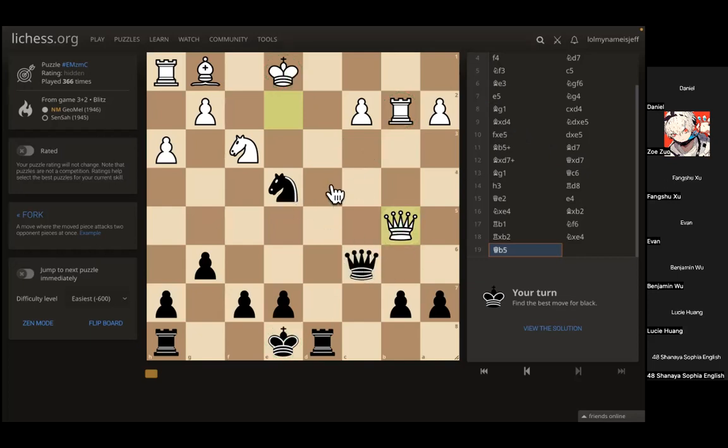Okay, I'll give a hint. Currently, as was suggested, knight c3 does attack the queen, but the queen can obviously move.